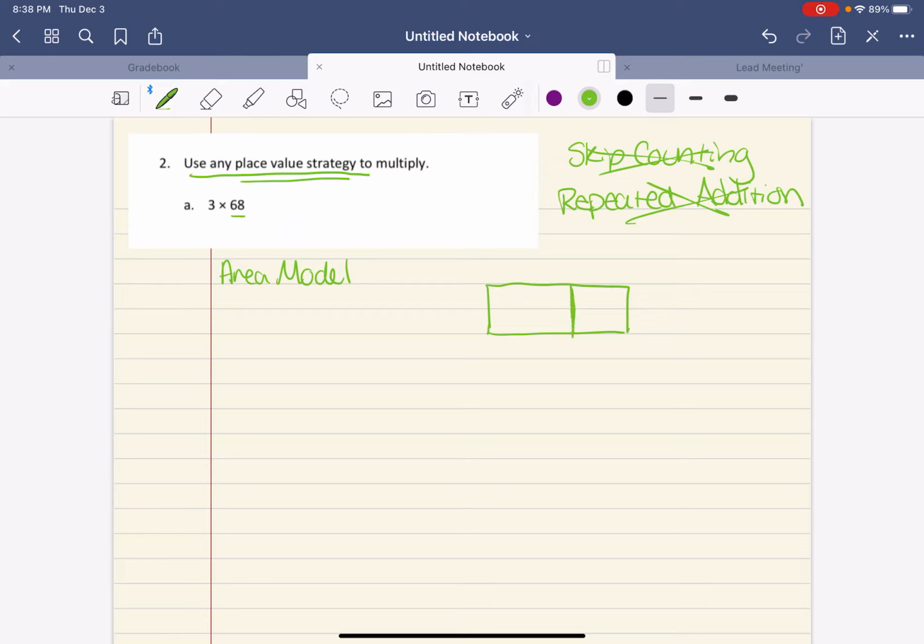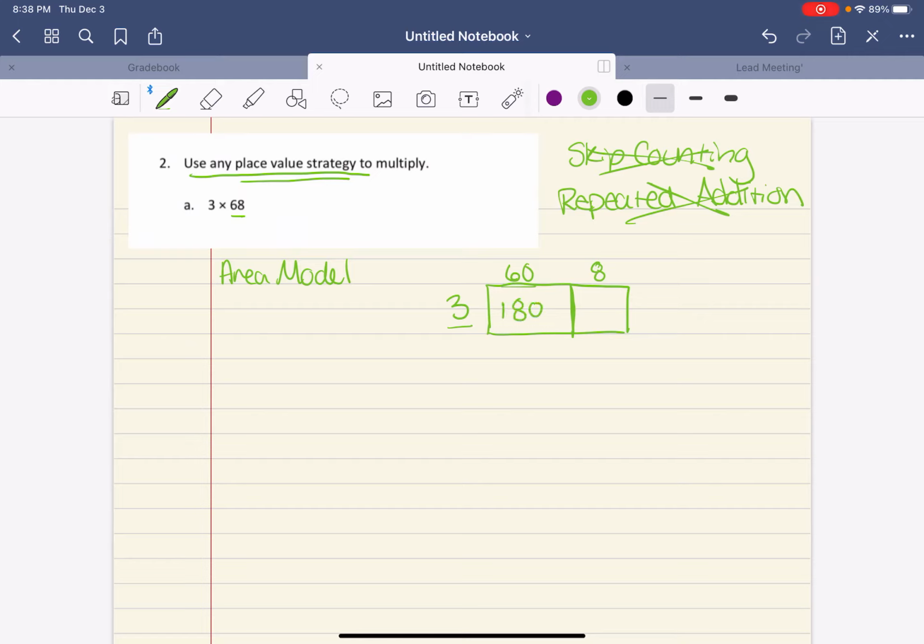So we're going to draw our rectangle. We're going to do 60 and 8 as our length, 3 as our width, and we're going to multiply just like we're finding the area of this rectangle. So we're going to do 60 times 3. And 6, I know 6 times 3 is 18, and that means 60 times 3 is going to be 180.